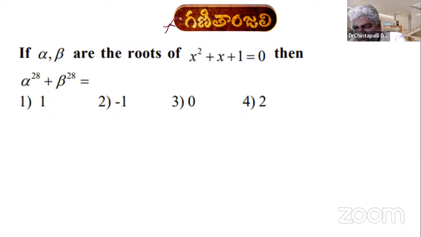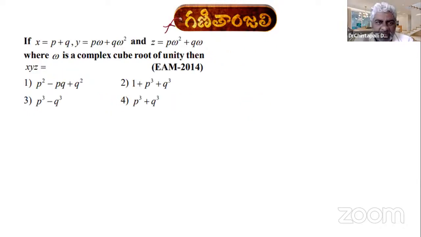In the same way we can do these. Students, it is homework for you. Try this sum: alpha to the power of 28 plus beta to the power of 28. Students, take a screenshot and try this as homework. And this also.